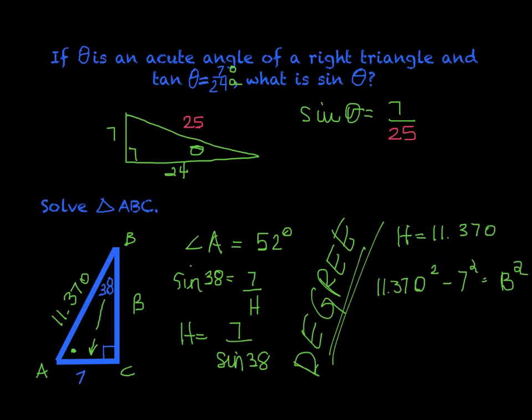If I solve this, I will get b is 9.412. So I now know that b is 9.412. I have found all angles, all sides. I have solved the triangle.